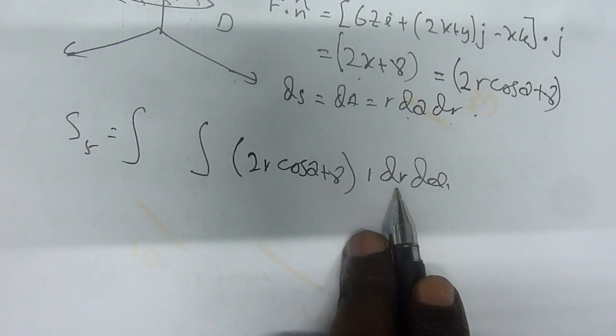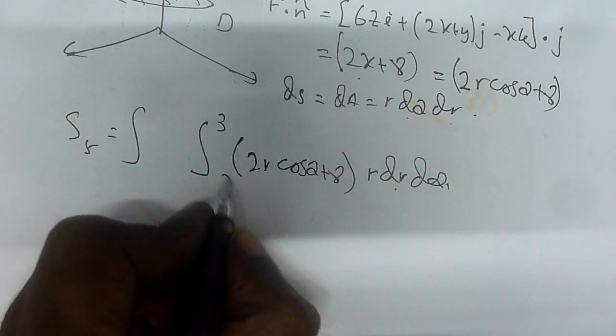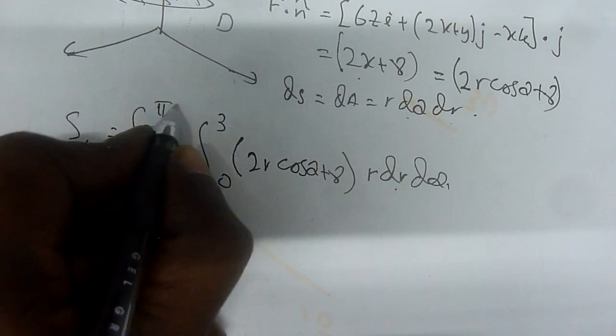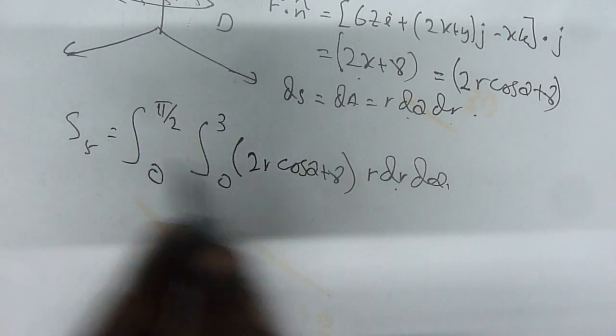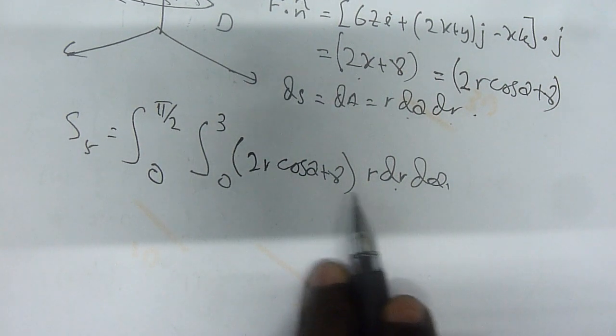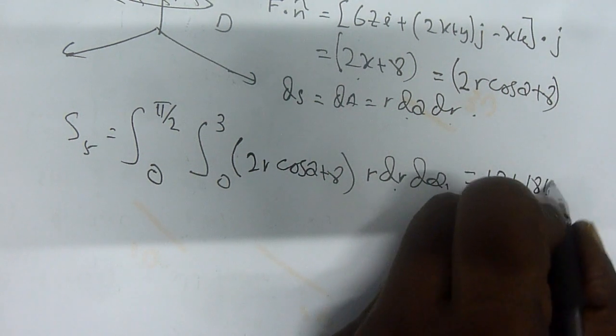And what is the dr? Dr is from 0 to 3, and theta from 0 to pi over 2. Can I swap? Yes, you can swap. When you calculate, you will get here 18 plus 18 pi.